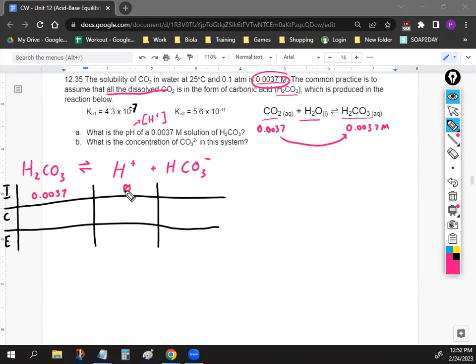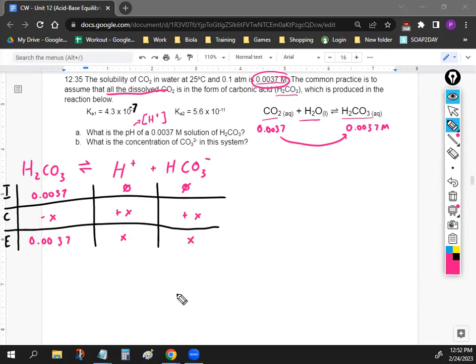Yeah, 0. We don't start with any, right? Because we're starting with carbonic acid and then we're producing the products. So that means we're going to lose the reactant and we're going to gain the products. So for our equilibrium concentrations, at least for right now, it will be 0.0037 minus x, x, and x.